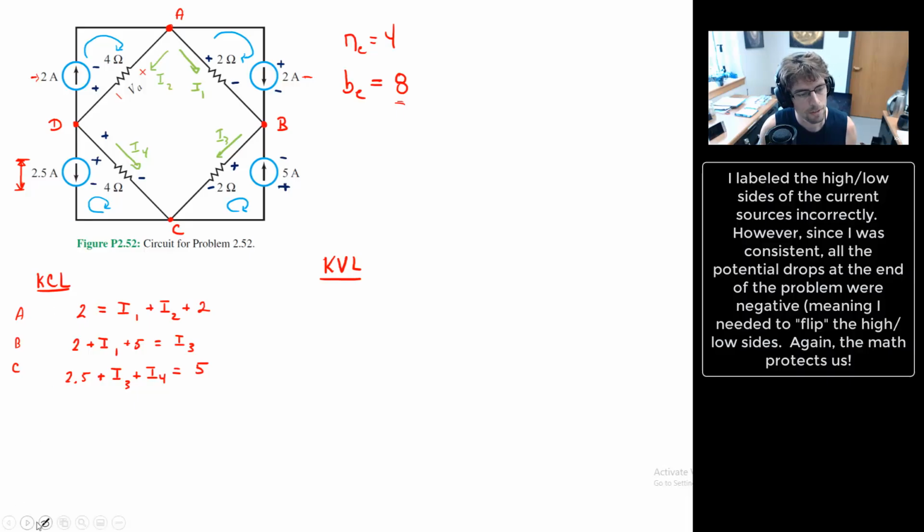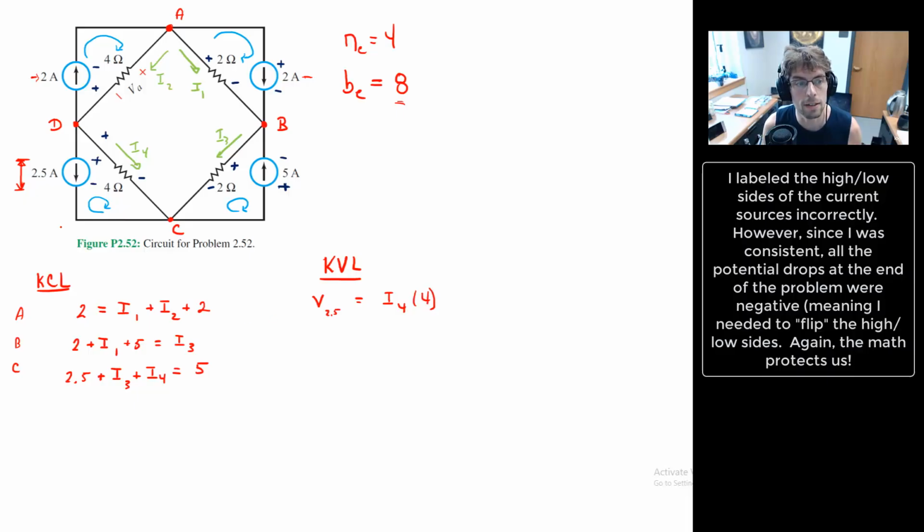Okay. So let's go ahead. I'll start with the lower left triangle, and I'll walk around. And we notice that we have a jump. I'll call that the potential jump of the 2.5 source. I'll have to figure out something better than that. Okay, so we have that, and then we have a drop. We have I4 times the 4 ohm source.